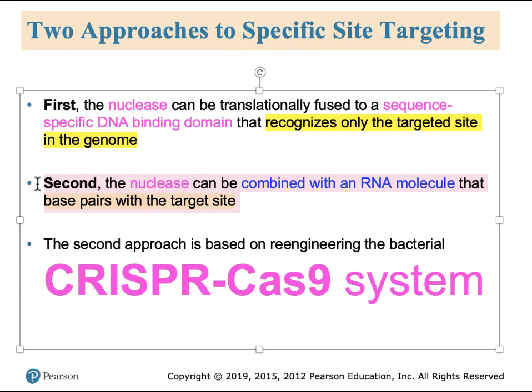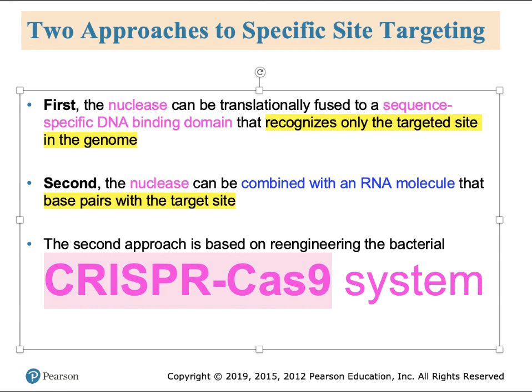And this is all the rage at the moment. This year alone, up to 50,000 papers have been published that are concentrated on using this particular gene editing technique. The entire technology is based on the CRISPR-Cas9 system.